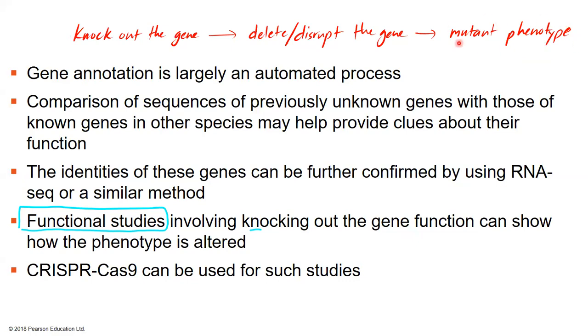And studying the mutant phenotype might give you an idea about the function of the gene, or confirm the annotation carried out by the BLAST search. Okay. CRISPR-Cas9 can also be used for such knockout experiments.